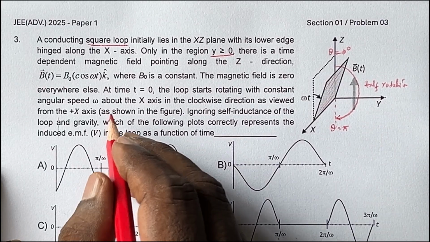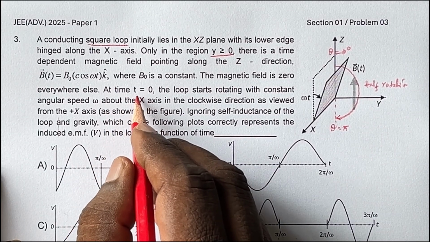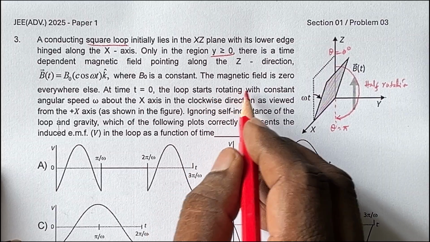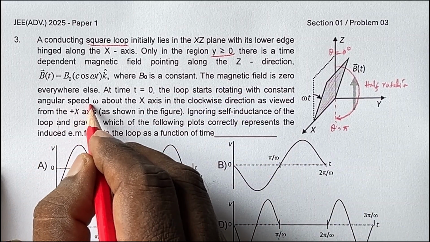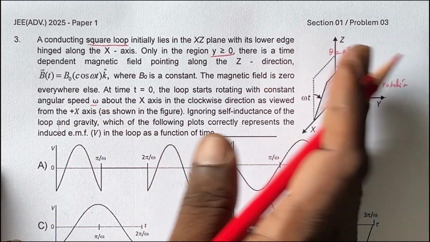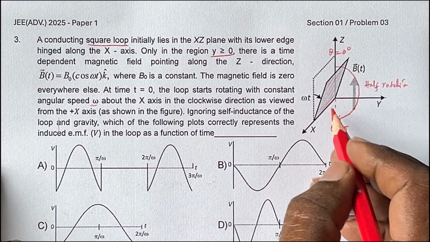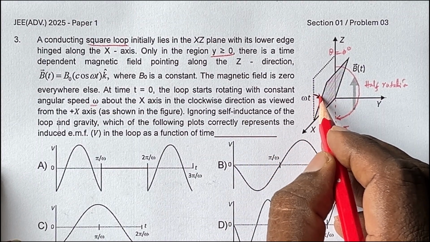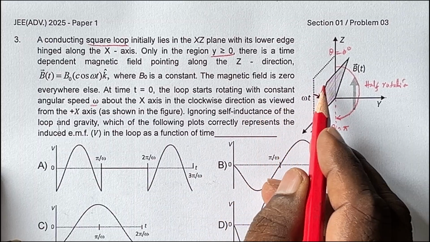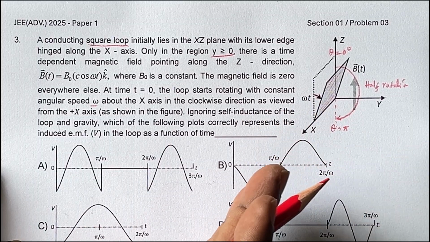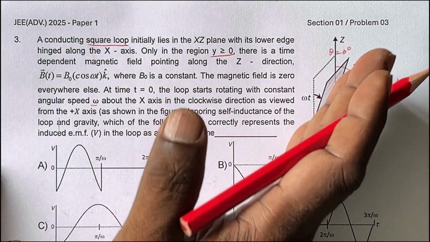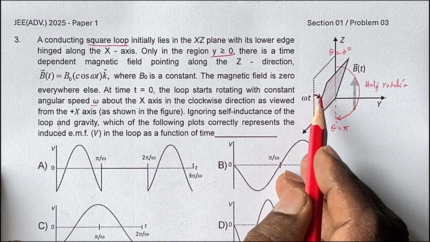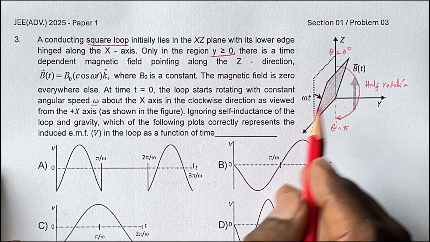That's what is given. At time t equal to 0, the loop starts rotating with constant angular speed omega about the x-axis in the clockwise direction. It is moving in a clockwise direction as viewed from the positive x-axis, as shown in the figure.